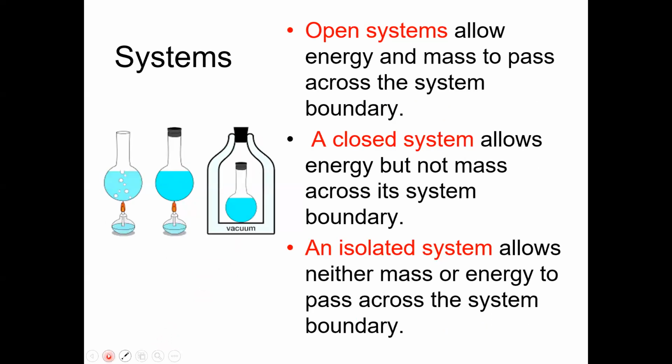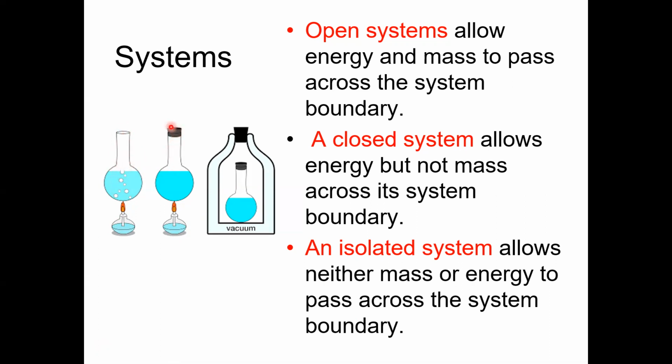There are three different types of system: the open system, the closed system, and the isolated system. For example, with this flask, we are going to heat some liquid like water in an open flask. That means this system can exchange energy and matter at the same time.